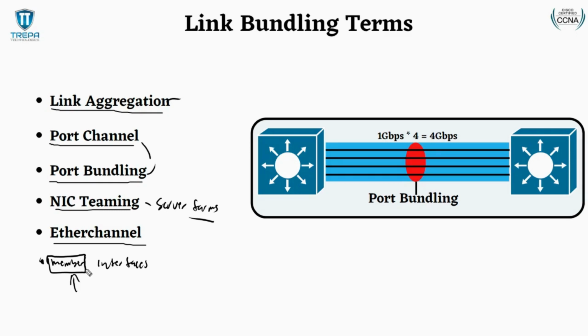If I say member interface, I'm talking about the individual physical interfaces that make up that logical Etherchannel or port channel. And a little side note with port channel: even though Cisco calls their link bundling technology Etherchannel, when that Etherchannel is created, it actually creates a port channel interface.